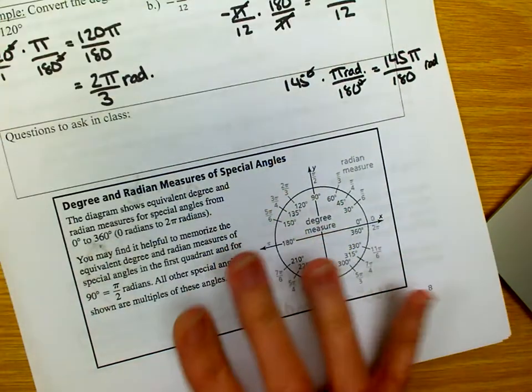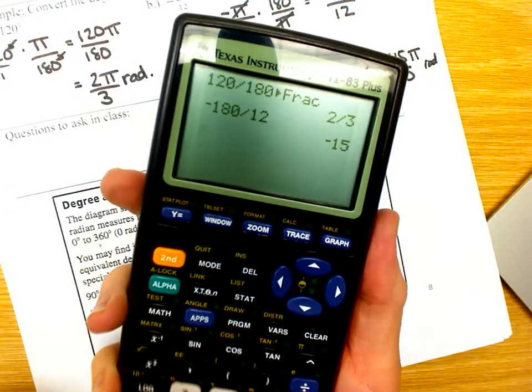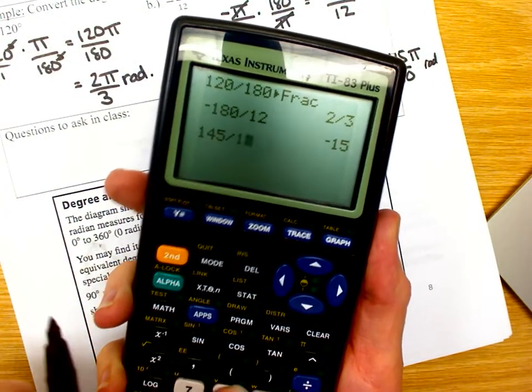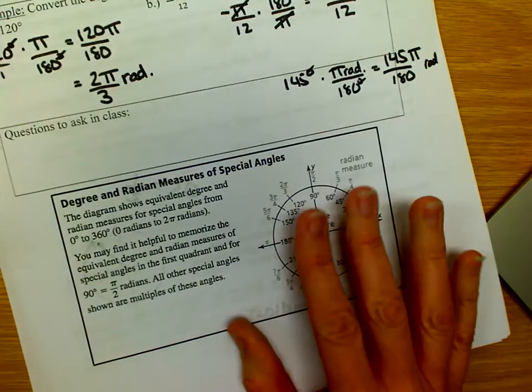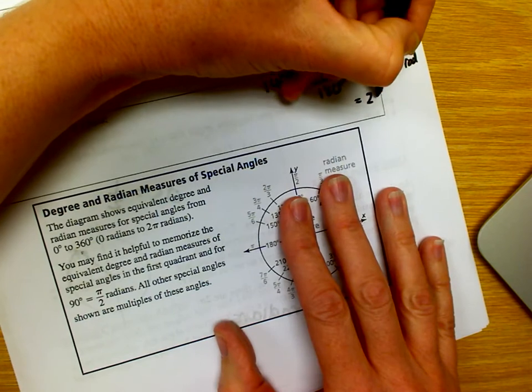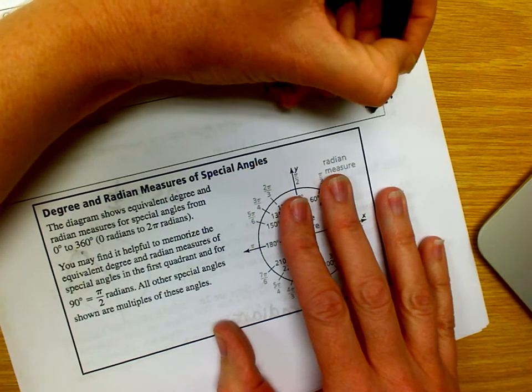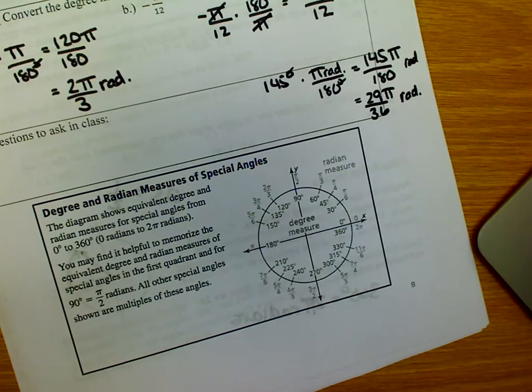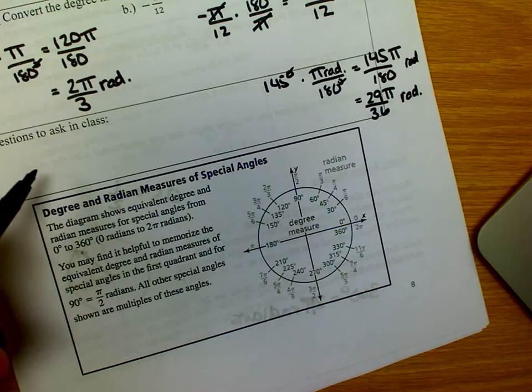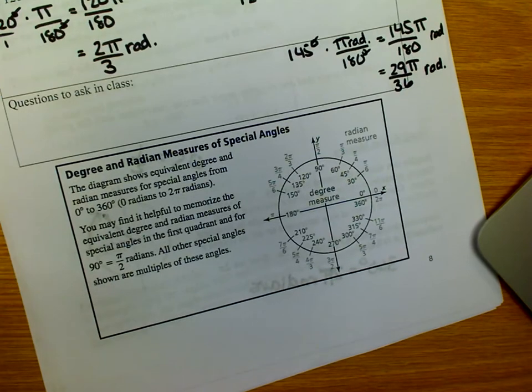Then check to see if 145 over 180 will reduce, and you get 29 over 36. So your final answer will be 29 pi over 36 radians. If you have any questions over this, make sure you add your questions here, and we will address those first on Friday.